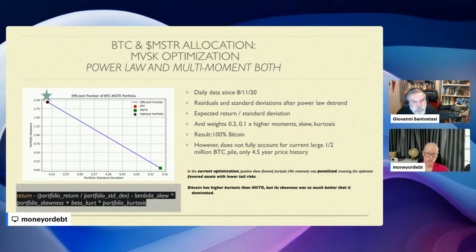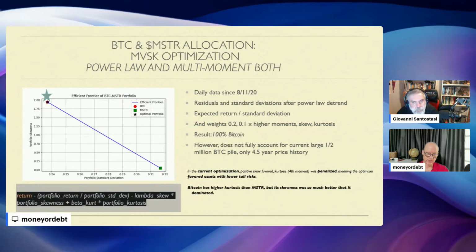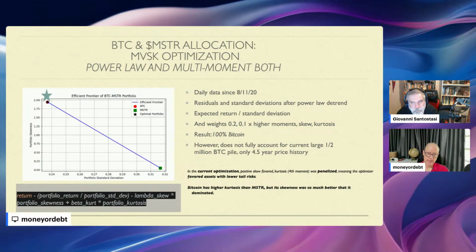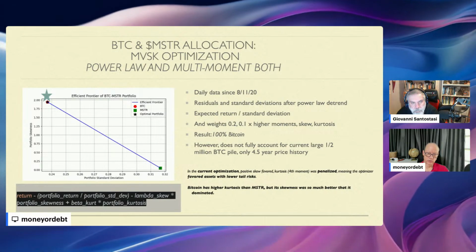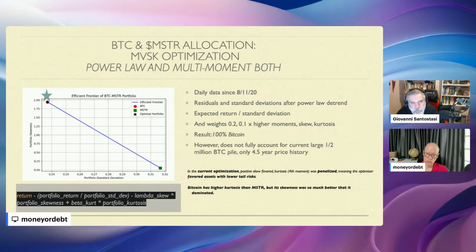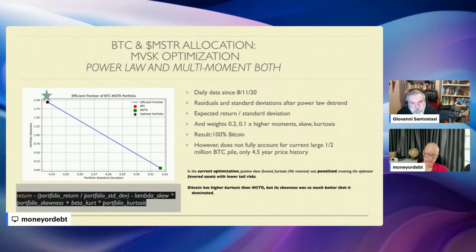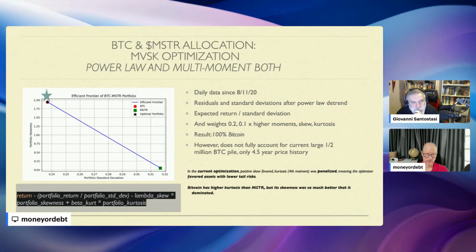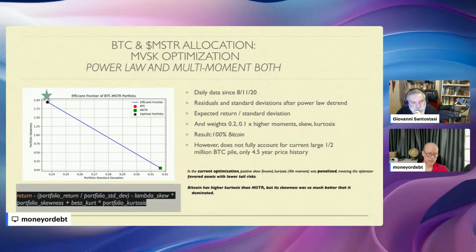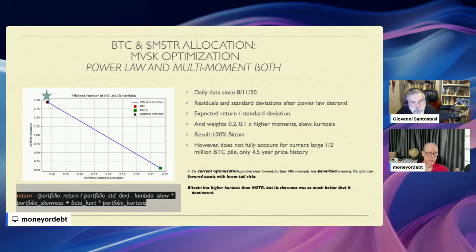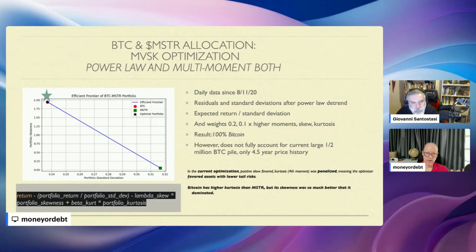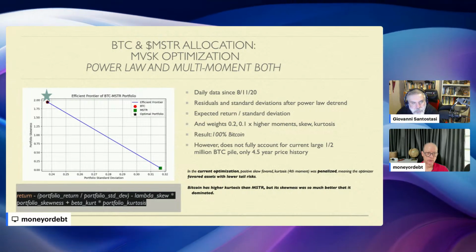So you subtract out the portfolio return because you're trying to find the minimum of this function, of this space. And a positive skew is a good thing, so that also has a negative sign in front of it. But a positive kurtosis is a bad thing, so that has a positive sign in the optimization function. So in the current optimization, positive skew is favored and kurtosis, the fourth moment, is penalized. And we do not include the higher moments.